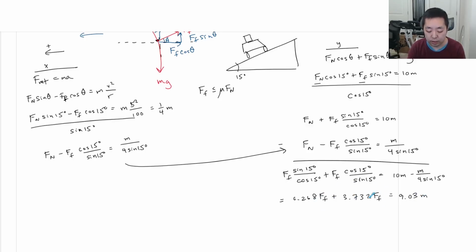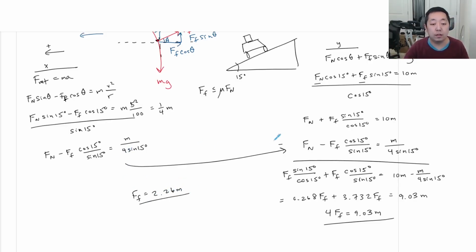So just combining these two force of frictions, these two added together is 4 times the force of friction, equal to 9.03 m. Okay? So here we've solved for one part. Force of friction is 9.03 divided by 4, so the force of friction is 2.26 m.